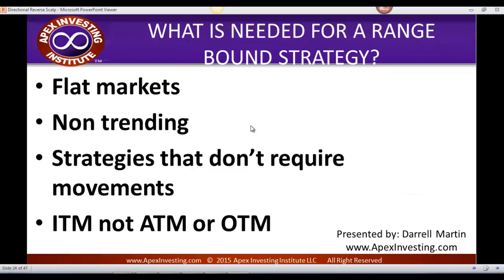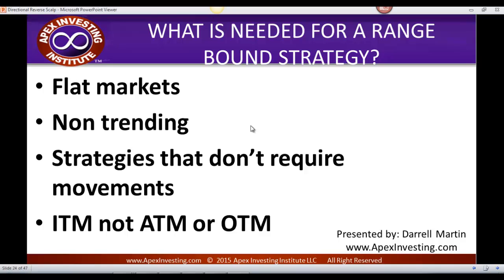All right. For a range bound strategy, what you're looking for there is flat markets, not trending markets, not markets that are trending up and down, not necessarily choppy markets that are volatile, just going up, down, but more a flat market, non-trending, and you're also going to be looking for a strategy that does not require movements. All right.